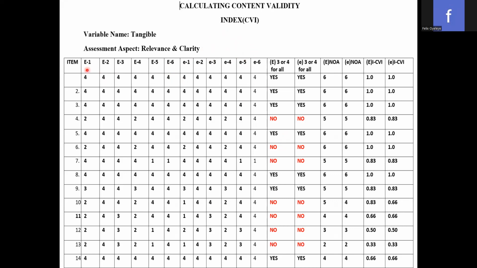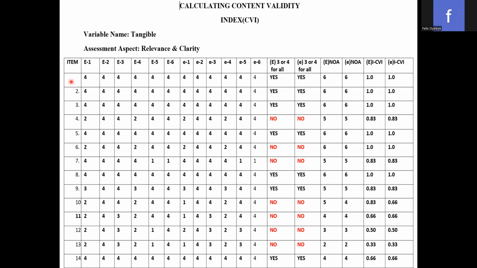We have E1 to E6, and the E1 to E6 will be assessing relevance. The small letter e1 to e6 will be assessing clarity. And you now use this particular form to compute the results submitted by each member of the panel.